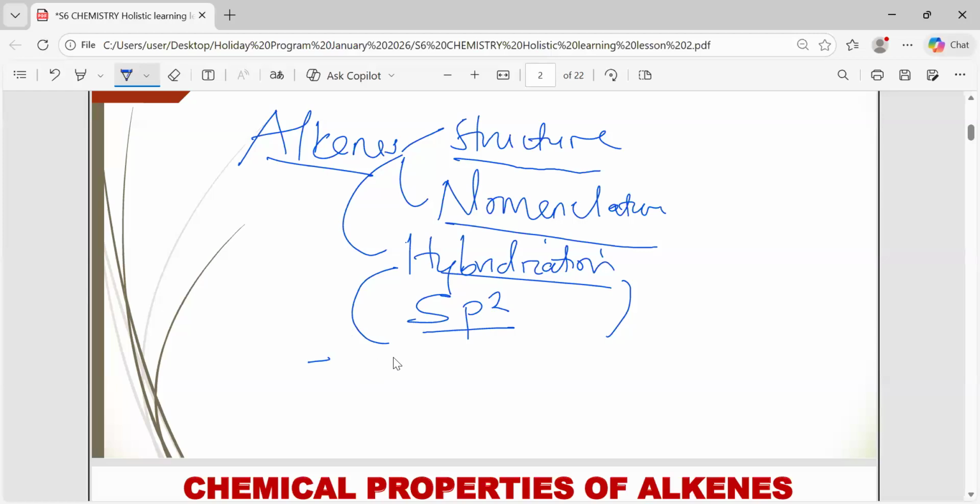Okay, I can see Nyombi. Nyombi, you can tell us. We also looked at isomerism of alkenes and also the conditions, where we looked at the presence of a carbon-carbon double bond.